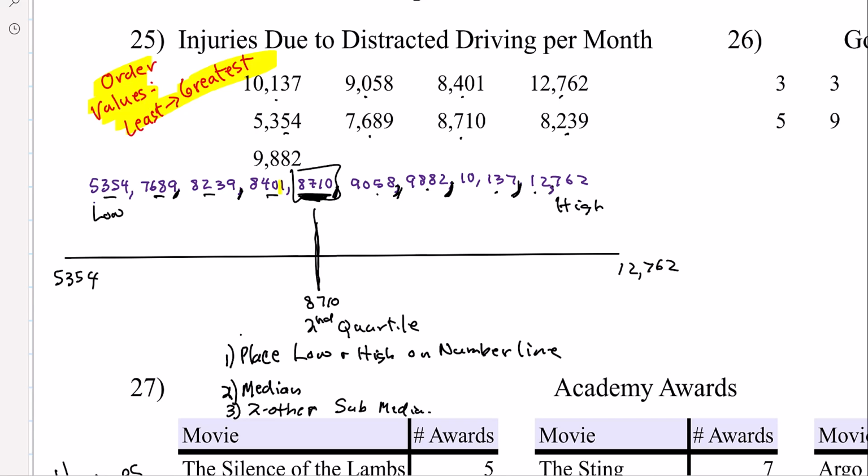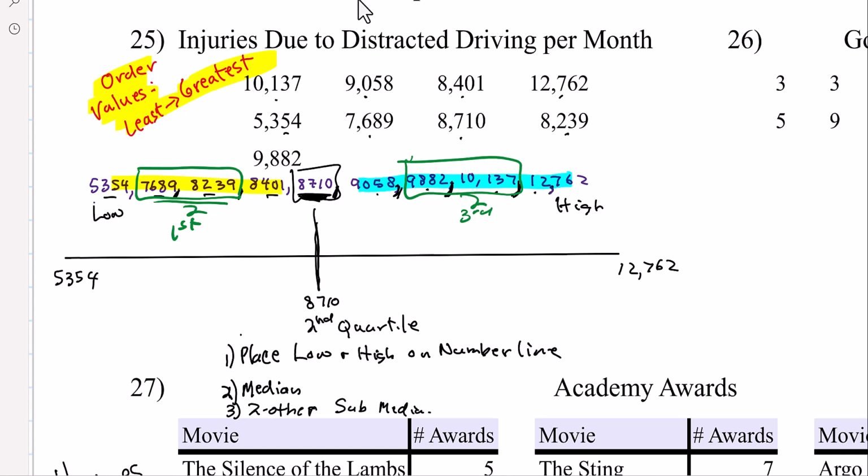You look at the values to the left and to the right, and notice there's 4 terms and 4 terms. You add these 2 together, then divide by 2. Add these 2 together, and this will be the first quartile. The end of the box will be the third quartile.